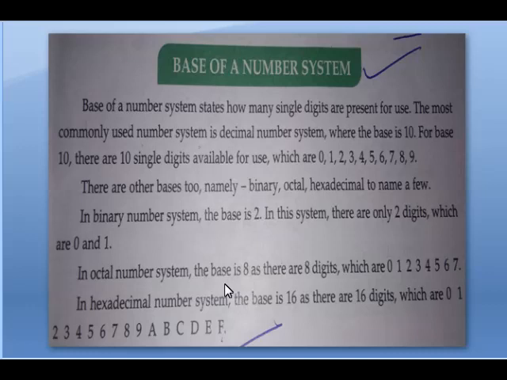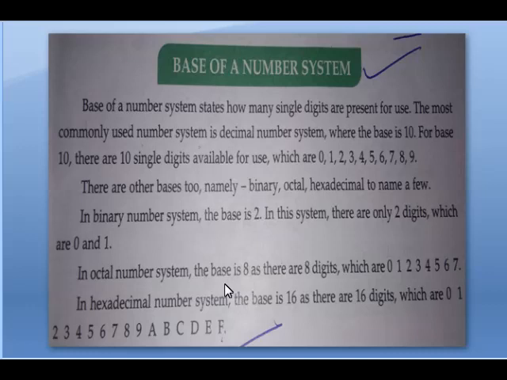After 9, it is A. The number 10 means A, 11 means B, 12 means C, 13 means D, 14 means E, and 15 means F. So after 9 we write A, B, C, D, E, F. Then next number is 1A, 1B, 1C, like this it will go. So the base of the hexadecimal number system is 16.